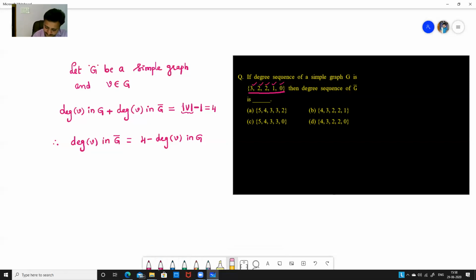Therefore, the degree of V in G bar must be equal to 4 minus the degree in G. The first vertex has degree 3, so 4 minus 3. The second vertex has degree 2, so 4 minus 2. The third vertex has degree 2, 4 minus 2. The fourth vertex has degree 1, 4 minus 1. And the fifth vertex, 4 minus 0.